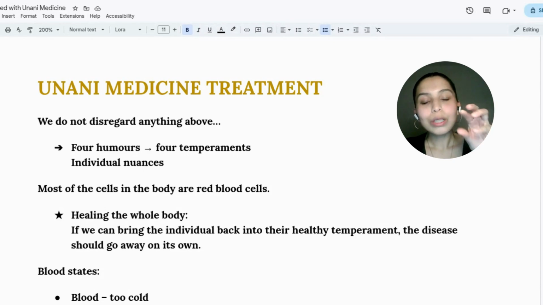And the four temperaments, how we categorize them, depends on the four humors. A humor is a body fluid.